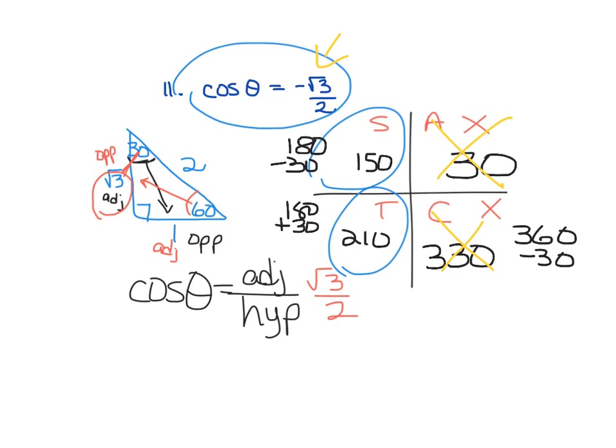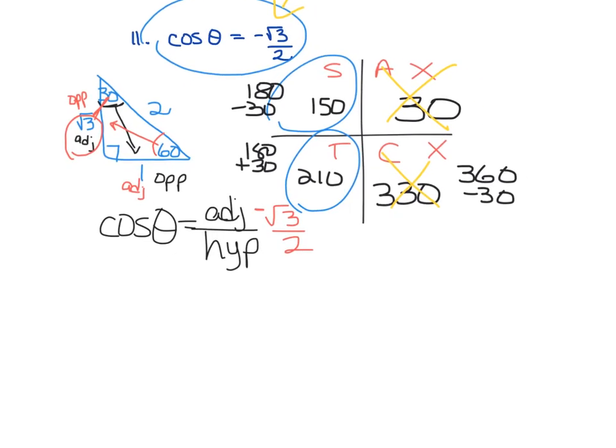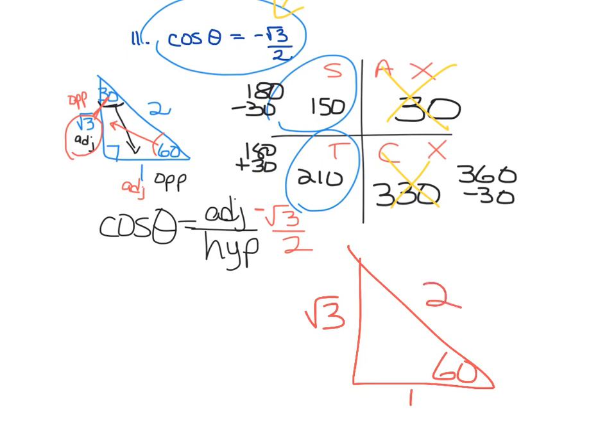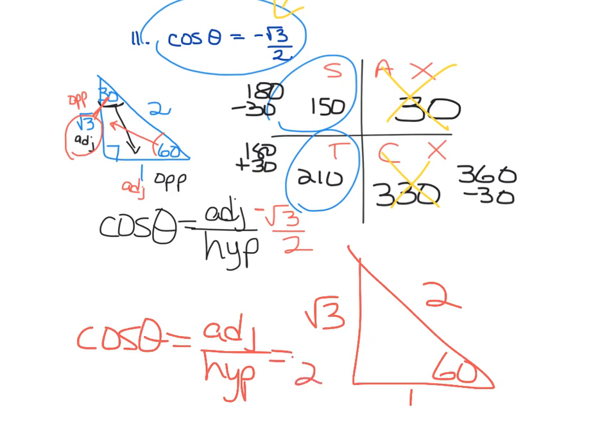Yes? Why didn't you add or subtract 60 plus 30? Because in my triangle, here's 60, and if this is root 3 and 1 and 2, I need to figure out cosine, and cosine is going to use adjacent and hypotenuse. I already know my hypotenuse is 2.